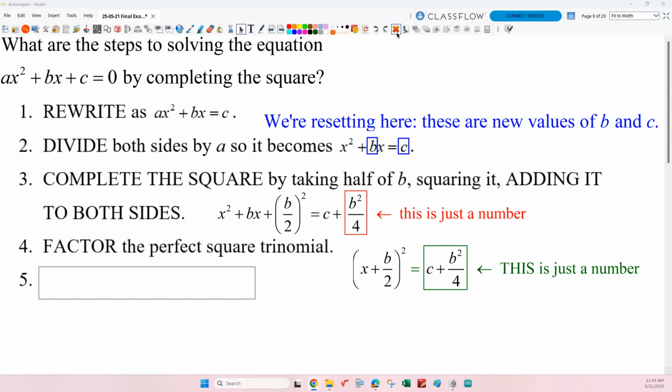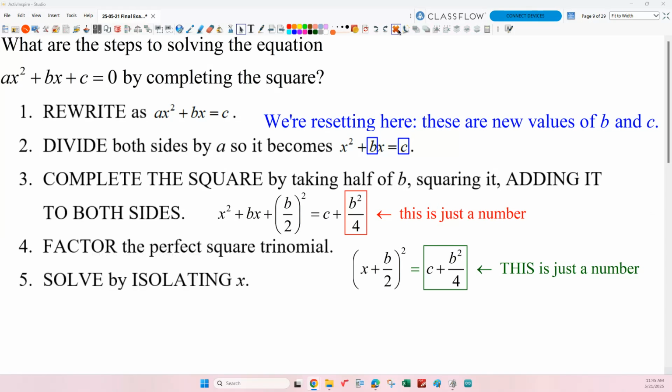If I set it equal to 0, I'd solve this over, or move that over. Yeah, we can just use inverse operation since I can point to a single x. So I can just solve by isolating it.